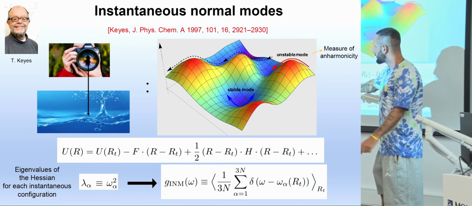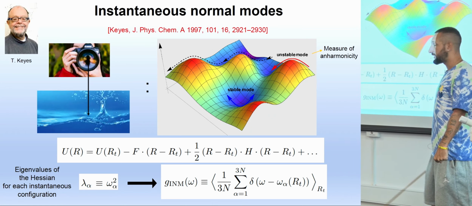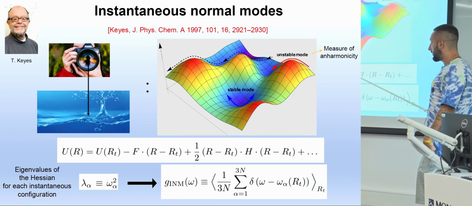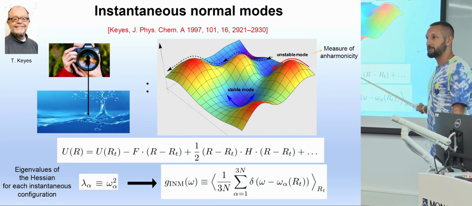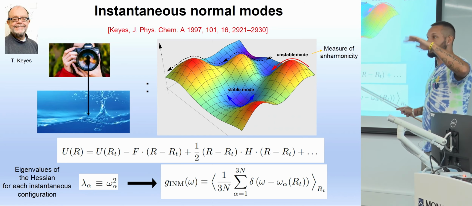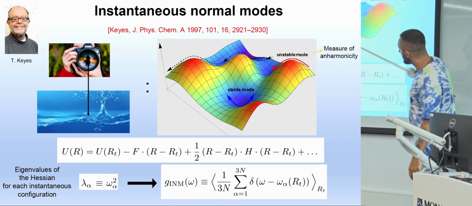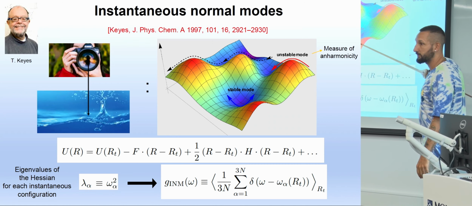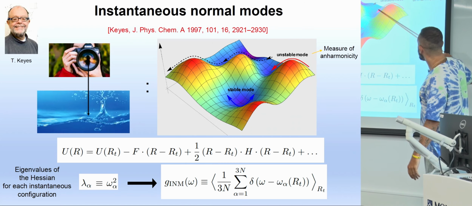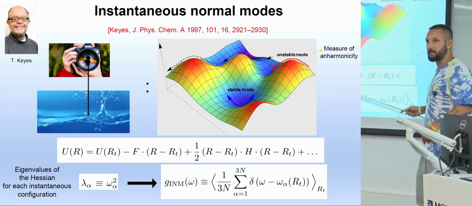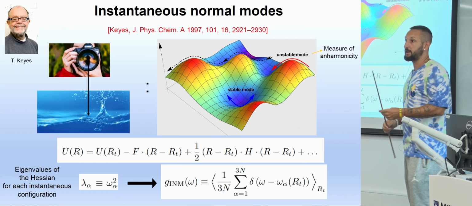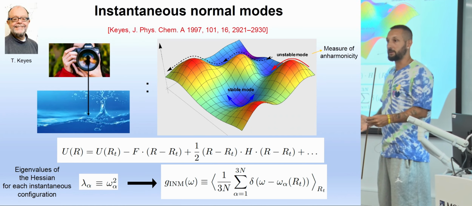Remember, when you do normal mode analysis, the frequencies are basically related to the eigenvalues of the curvature, what is called the Hessian matrix. The Hessian matrix is just telling you the local curvature of the potential, meaning that if the eigenvalue is positive, you are just probing a local curvature that is positive. But if you have regions where the curvature is negative, you will get a negative eigenvalue, which corresponds to imaginary frequency.